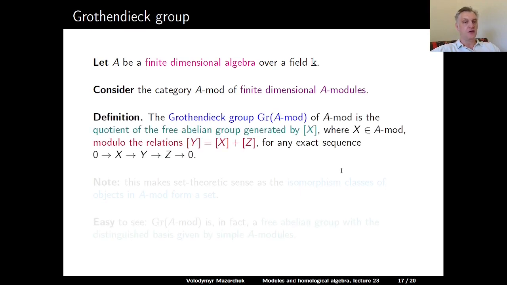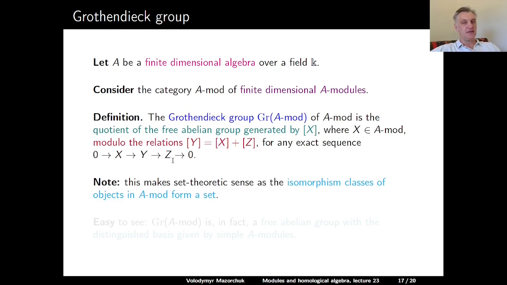Definition: the Grothendieck group of this category is the quotient of the free abelian group generated by symbols associated to objects of this category, modulo the relation that the symbol of Y should be equal to the symbol of X plus the symbol of Z for any exact sequence of the following form. So here X is a submodule of Y and Z is the corresponding quotient.